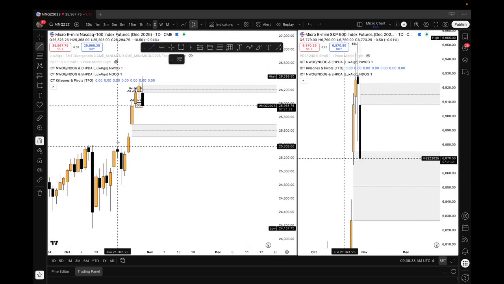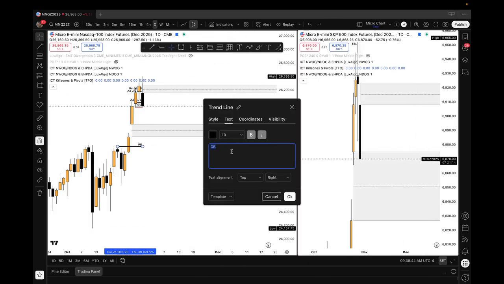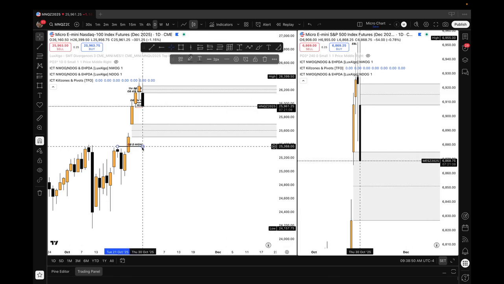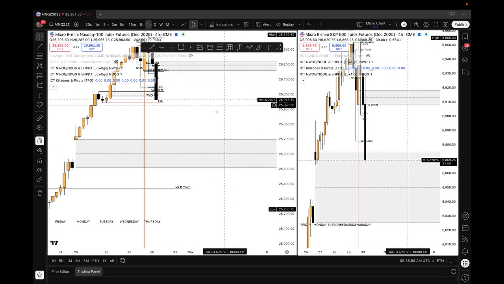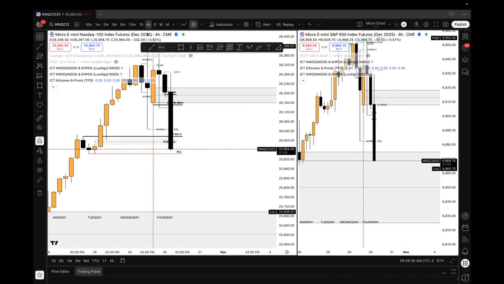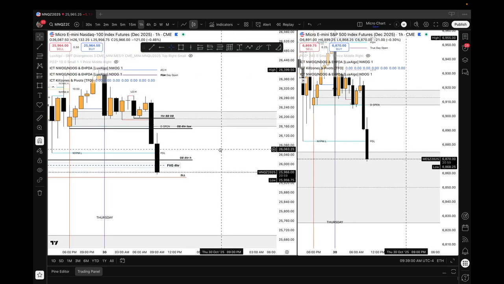This daily order block right here could be a target. Not a bad target to aim for. I want to get some sort of retracement at least, though, to target lower.